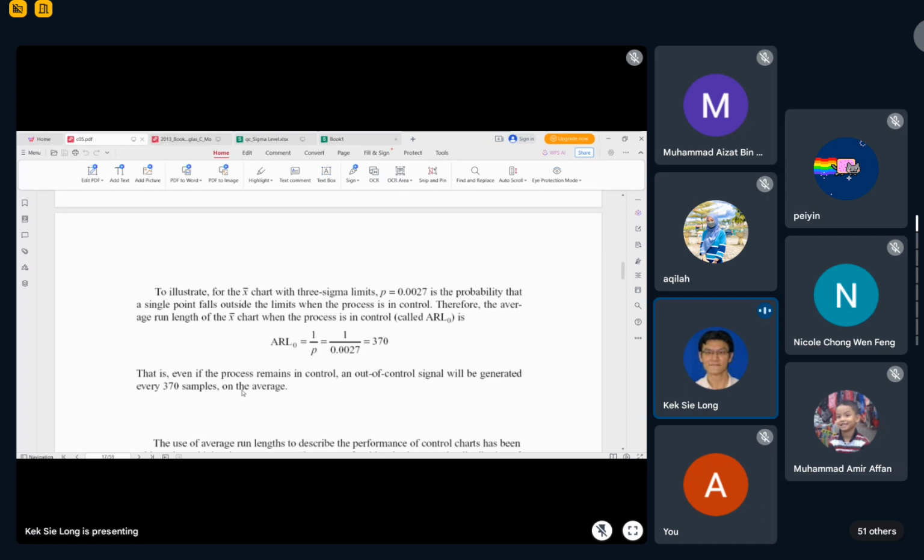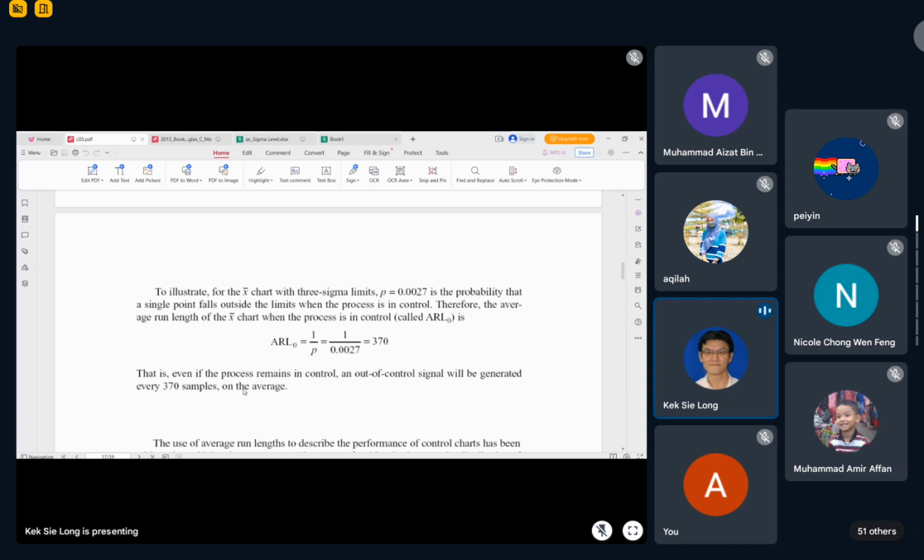So we cannot just say, there are two points outside the control limit, one lower than the LCL and another greater than the UCL, so let's enlarge the UCL so that all points are inside. We cannot simply change it.